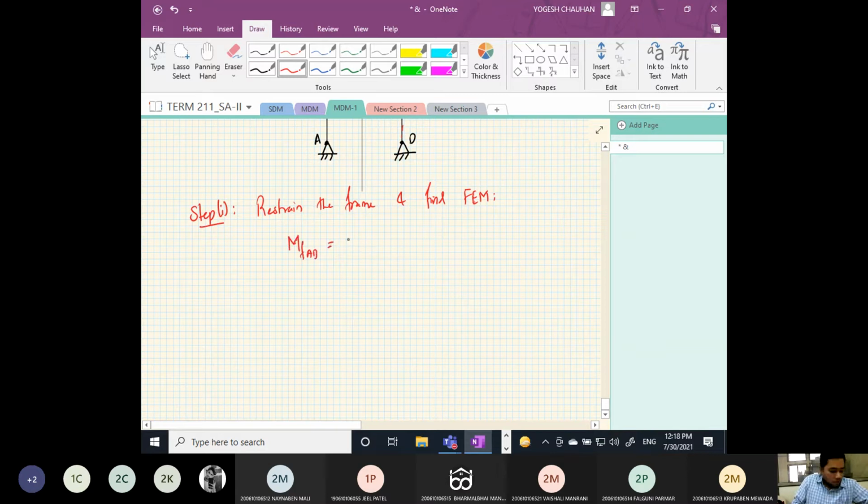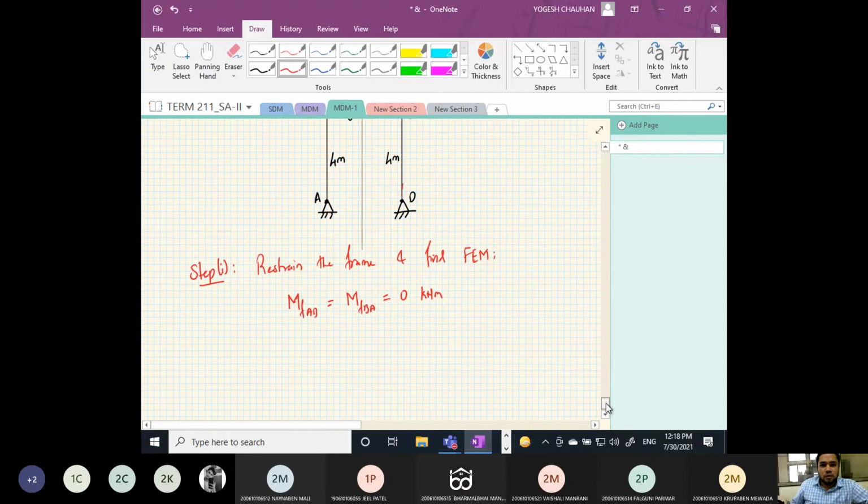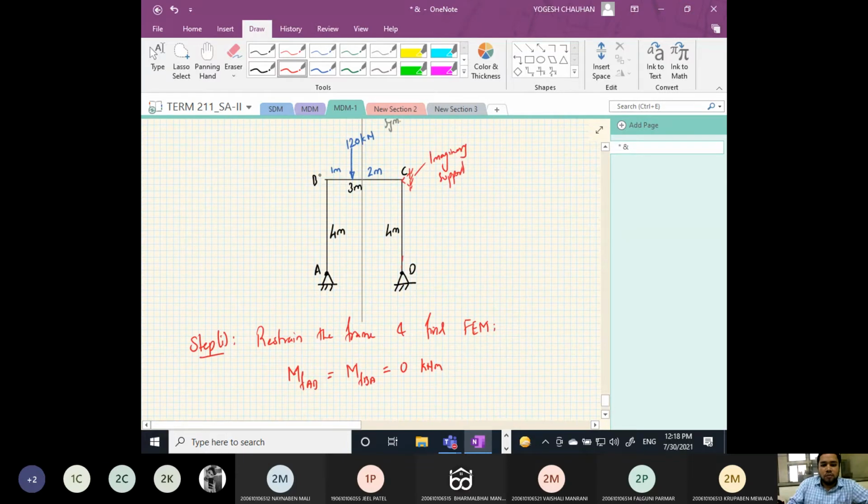MFAB equals MFBA, which will be 0 because there is no load on member AB. Similarly, member CD has no load, so MFCD and MFDC will be 0. So only MFBC and MFCB will be there.